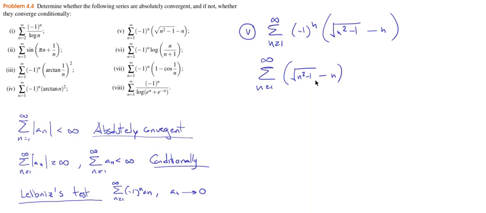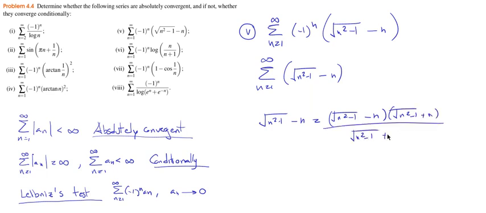Whenever you have the subtraction of a square root minus something, what we can do is transform it. We multiply and divide by the conjugate, which is the square root of n squared minus 1 plus n. And so in the numerator we now have the difference of squares, so n squared minus 1 minus n squared, which is minus 1, over the square root of n squared minus 1 plus n.